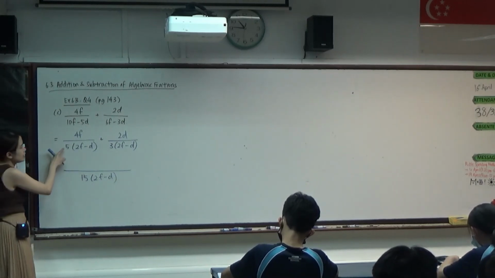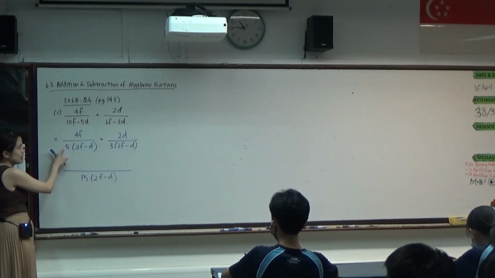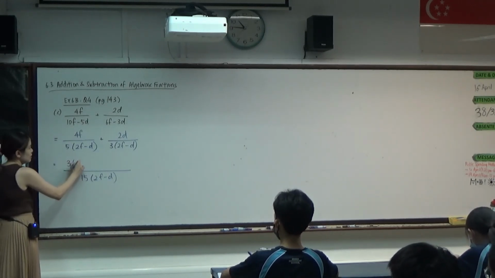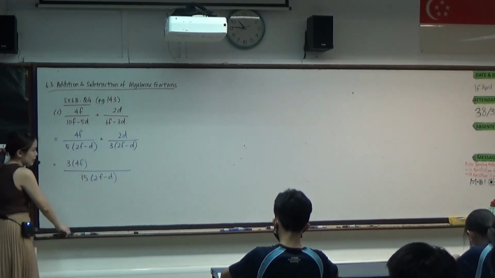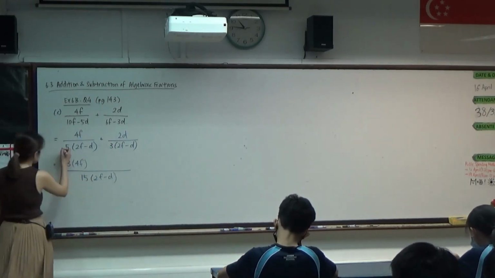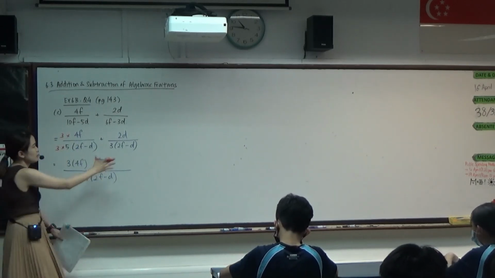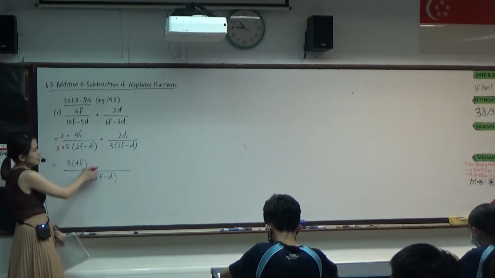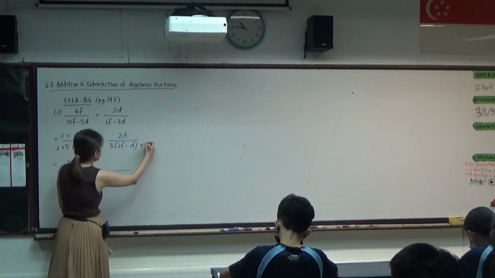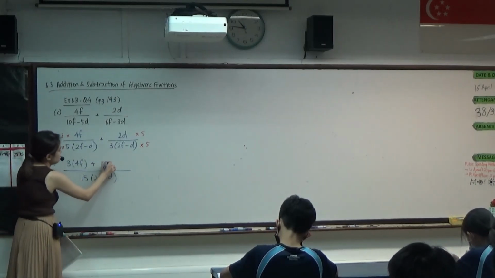Then now we look at the left fraction. To get a 15, I need to multiply by 3, so on top, I will times 3 to the 4f. And then for the right fraction, to get a 15, I need to multiply by 5 in the denominator, likewise in the numerator. So I'll have a plus 5 times 2d.